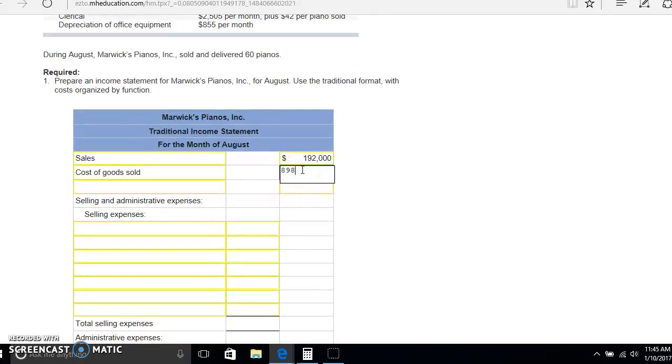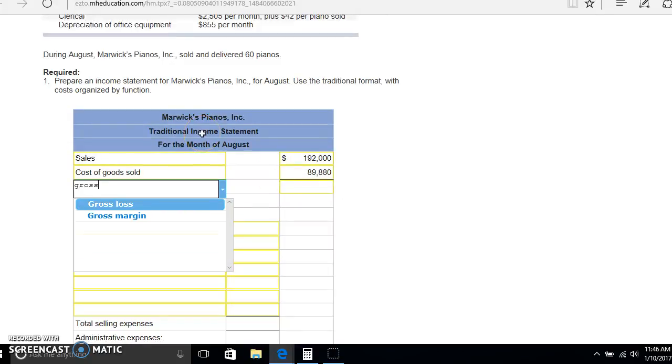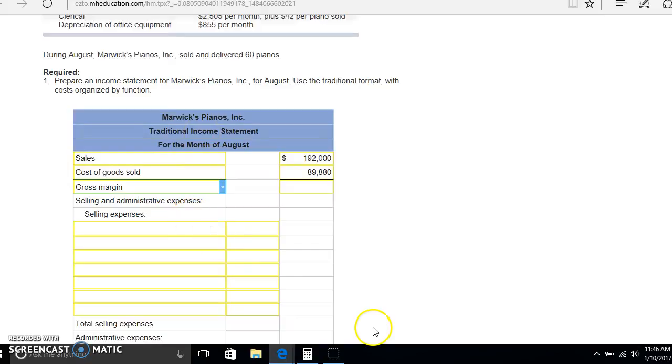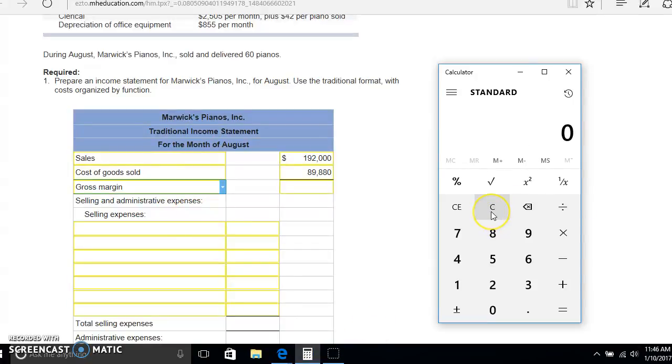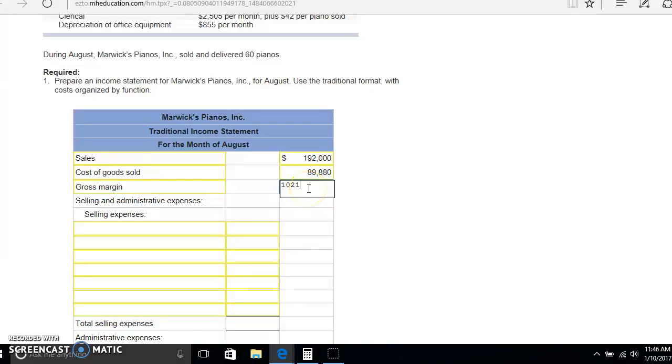So then our gross margin is going to be our total income of $192,000 minus our cost of goods sold, $89,880. So 102,120. Okay. So then the next part of this is going to be our selling and administrative expenses.